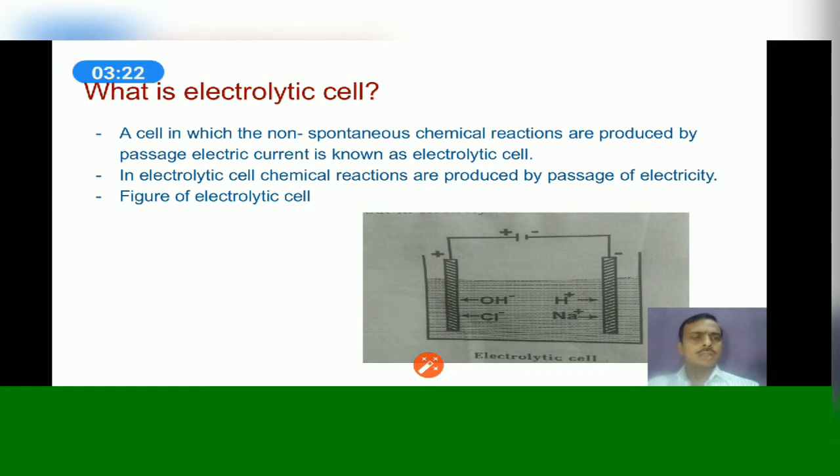So in this electrolytic cell, non-spontaneous chemical reactions occur, which means reactions that do not occur under a given set of conditions. Here, chemical reactions are produced by the passage of electricity. So this is the figure, as I already mentioned.